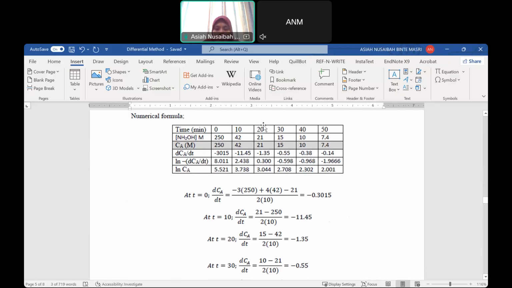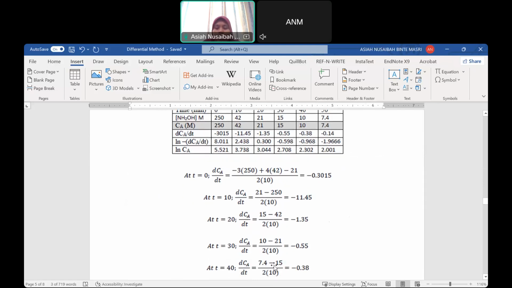At point 20, it will be 15 minus 42 divided by 2 times 10. At point 30, we see the adjacent 7.4 minus 21 divided by 2 times 10. And finally, for the intermediate, at 40 it will be 7.4 minus 15 divided by 2 times 10. So we already got the intermediate values in positive dCA over dt form.